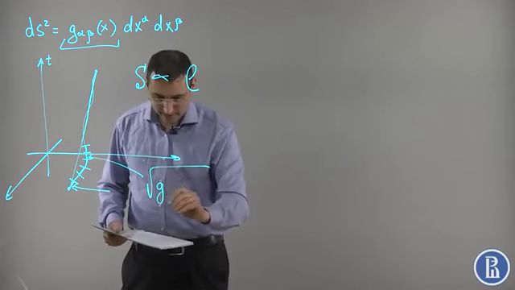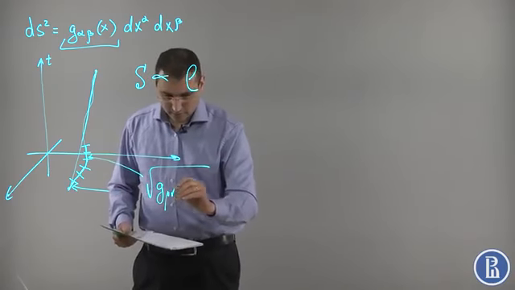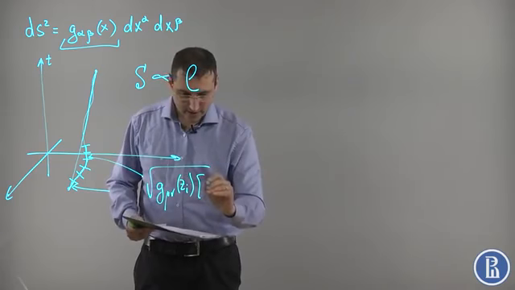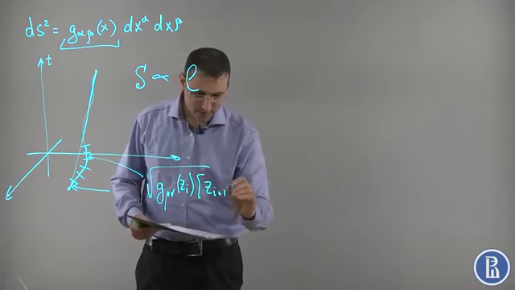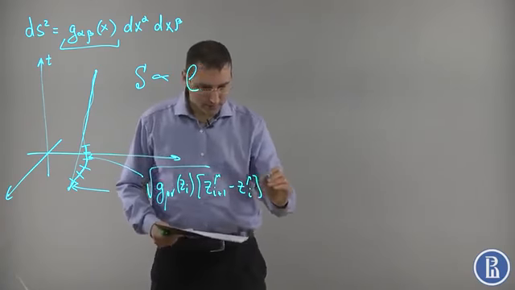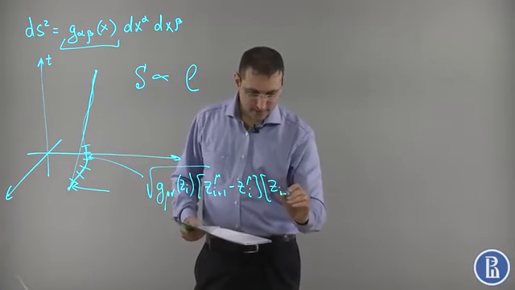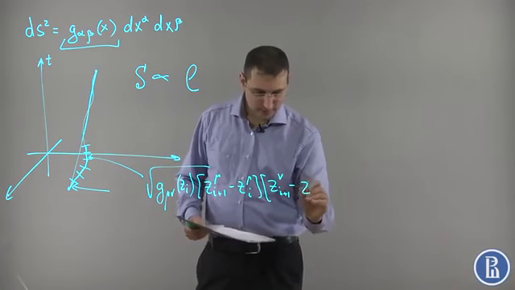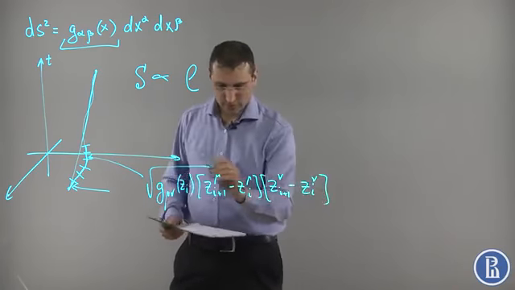The length of the i-th segment is just the square root of g mu nu of z i, times z i plus 1 mu minus z i mu, times z i plus 1 nu minus z i nu.